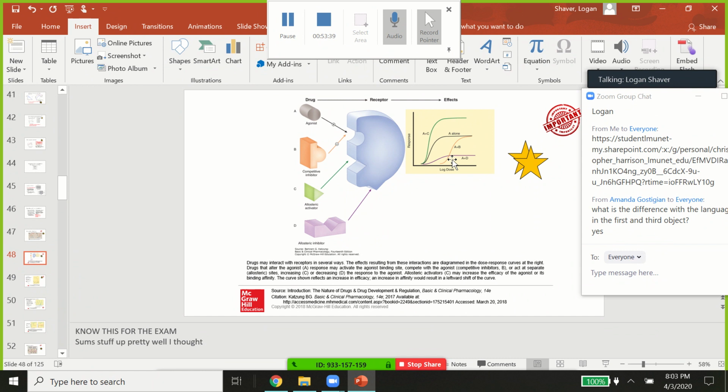So that's why, you remember when we were talking about EC50, it takes a lot larger EC50 to get to that Emax, right? And the reason it does that is because it's competing with that same site, okay?